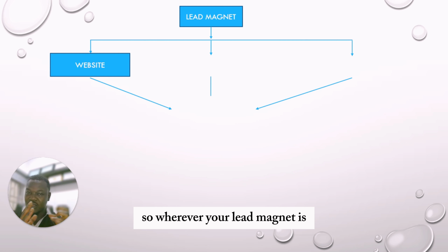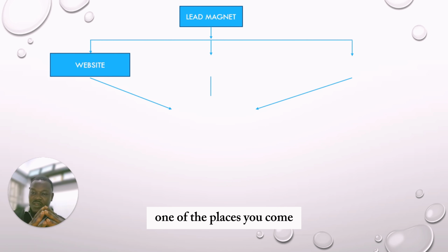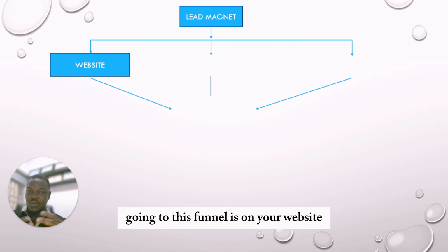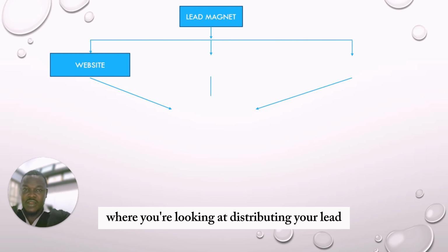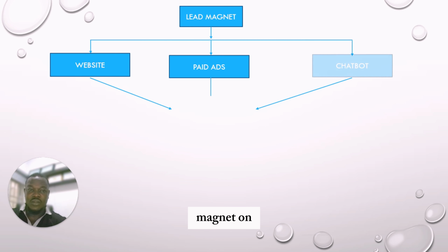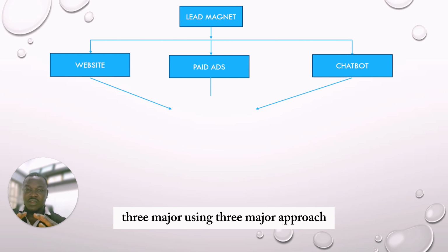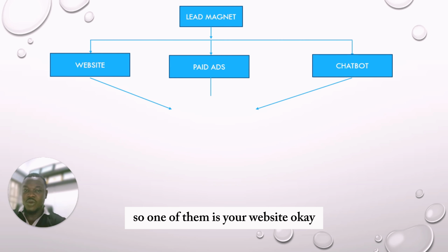So wherever your lead magnet is, one of the places you can get people to go into this funnel is on your website. On this particular strategy, we are looking at distributing your lead magnet using three major approaches. One of them is your website.